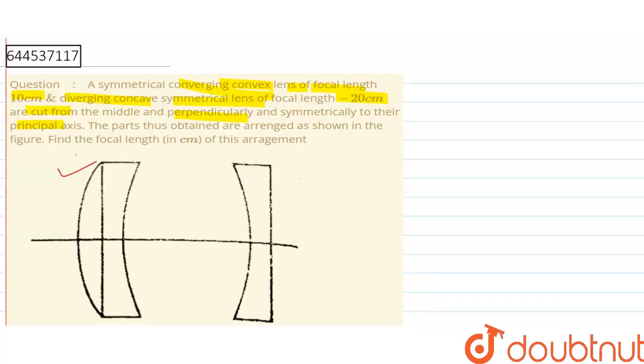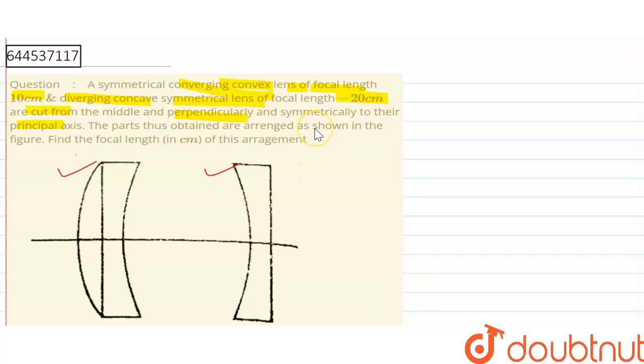So, a symmetrical converging convex lens and a diverging concave symmetrical lens. It was a combination of these two lenses. Now, what we have done? We have cut this combination of lens from the middle, perpendicularly and symmetrically to their principal axis.